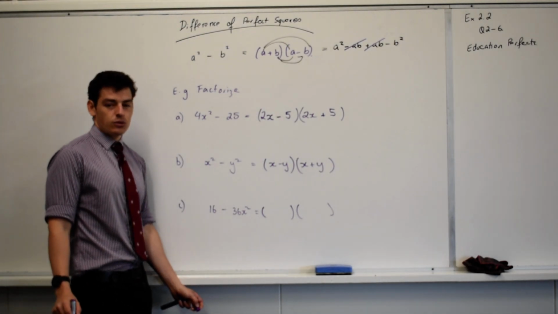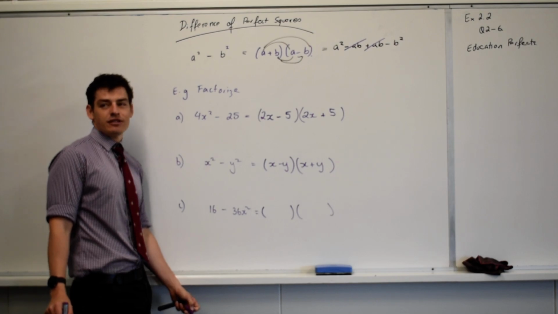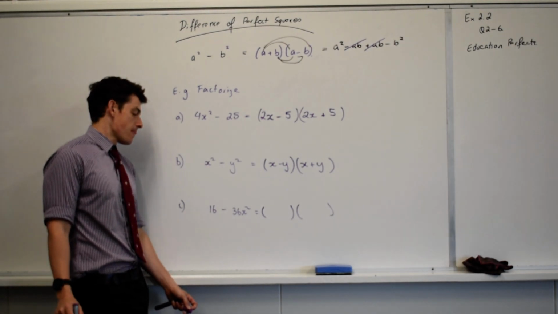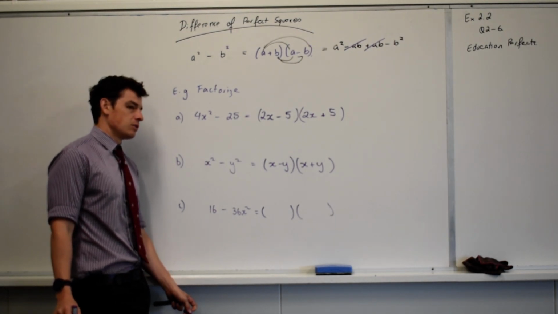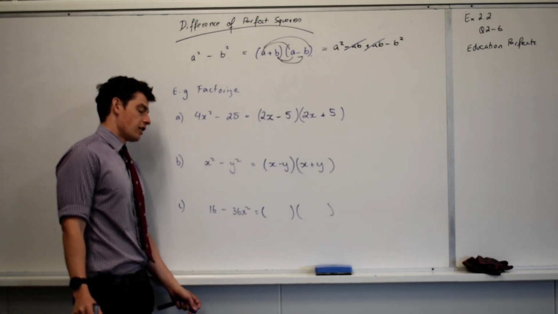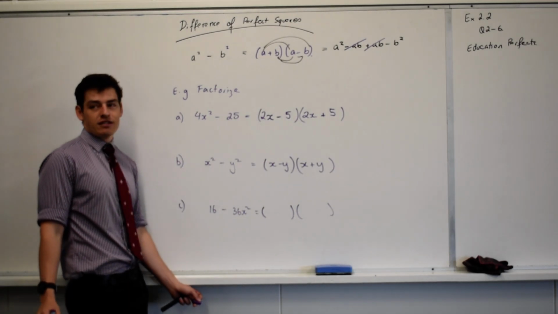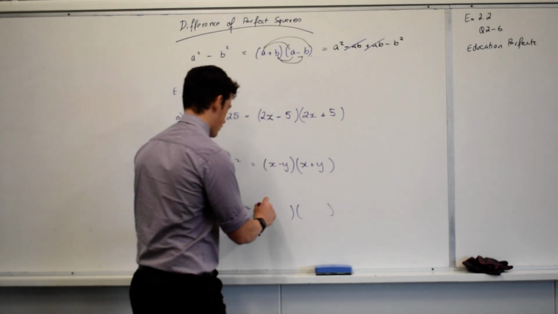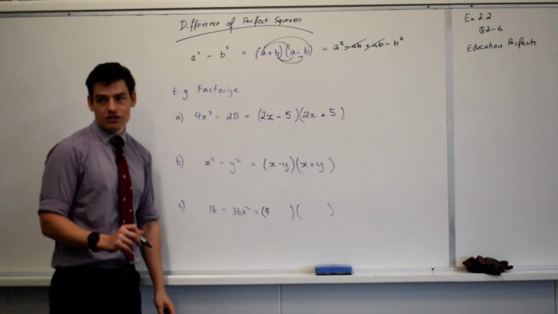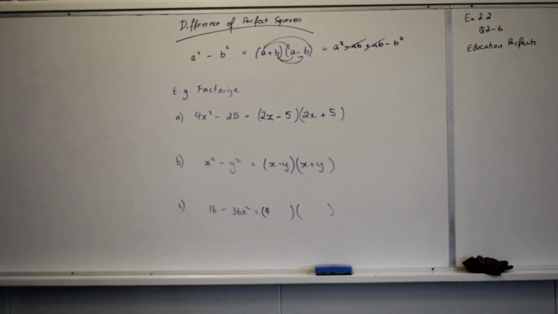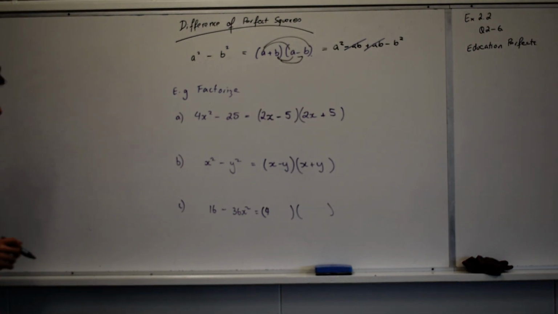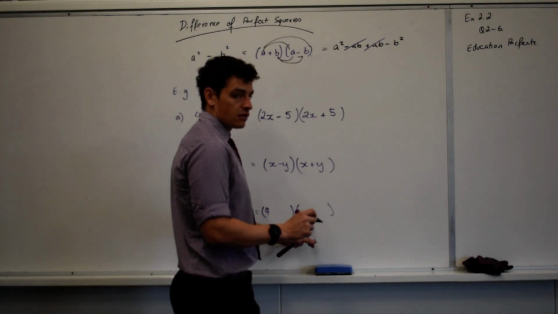What's the misconception he's made? I did it the wrong way around. Maybe. We'll see. A is not the square root of 16. It is 4. So your thinking, I think, was right. You just had the square root of 16 as 8. So 4 goes first for both brackets.